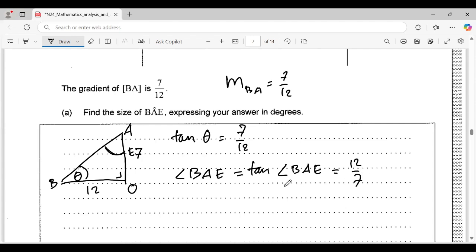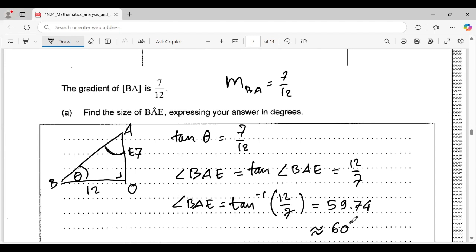And then angle BAE means arctangent, or tangent to the power minus 1, of 12 over 7. And the result is 59.74. Or you may round it, it becomes 60 degrees.